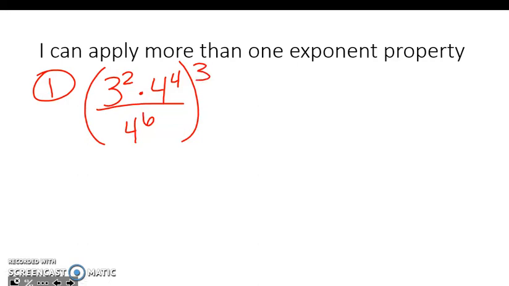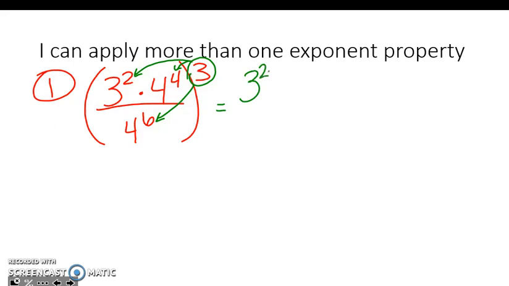The first thing that I noticed is that this has parentheses, which probably means that the power to a power rule is going to be involved. So I'm going to have to use the power to a power rule to multiply and get rid of those parentheses and distribute that exponent. Guys, you have to show your work.